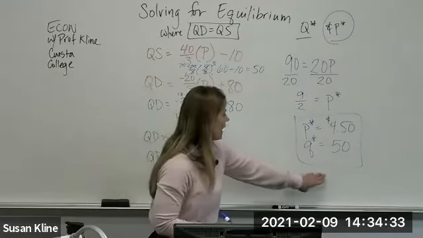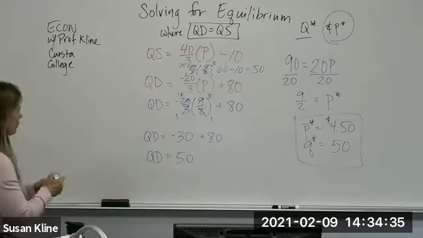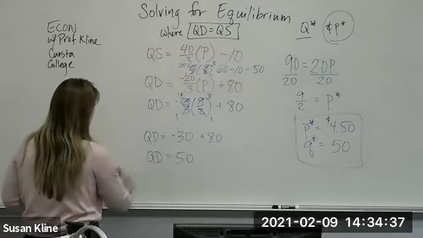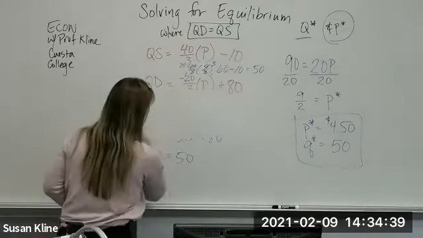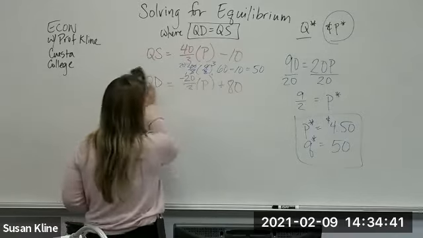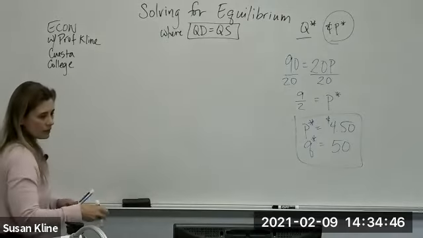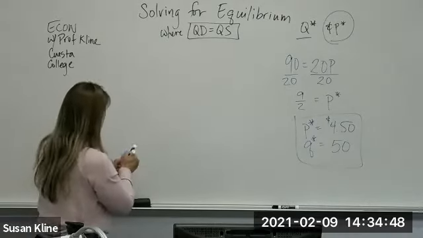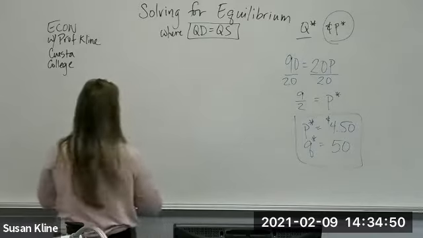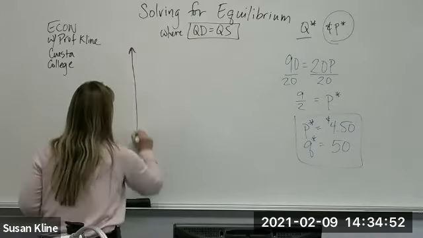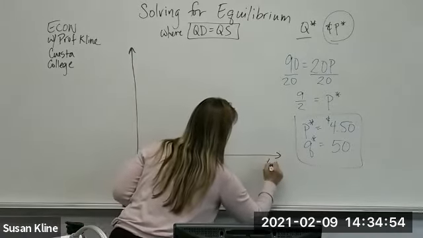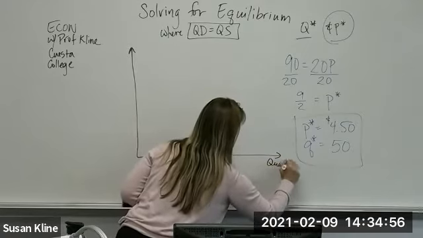And so we can graph this. Not only can we graph it, but it's going to tell us why $4.50 is our equilibrium point. When we graph, we always do price on the vertical and quantity on the horizontal.